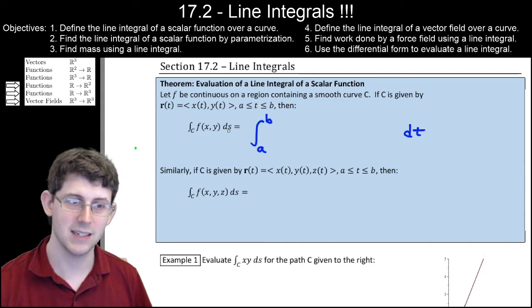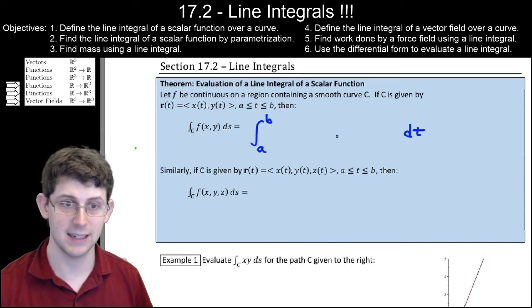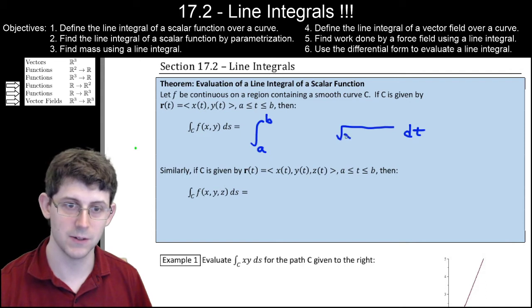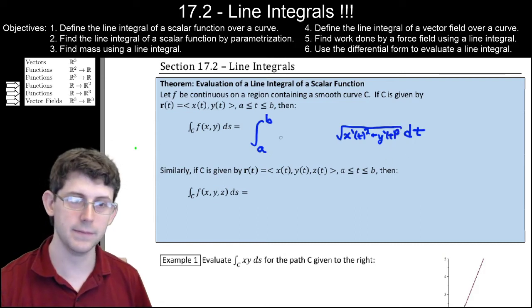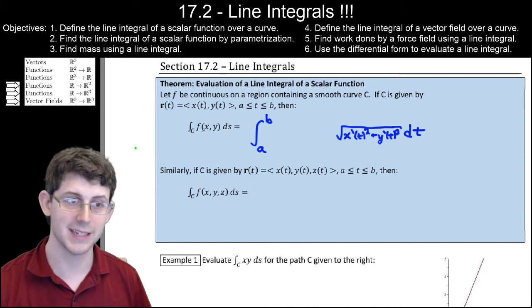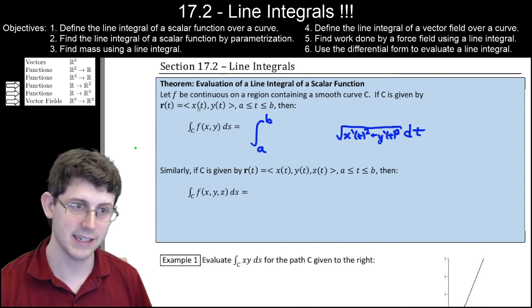And then I just use that formula I had for ds, which was that ds is the square root of x prime squared plus y prime squared dt. Then my function, which was f of x, y, well, I take this x and this y and put them into the function.